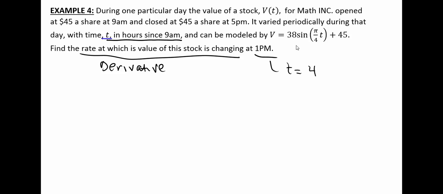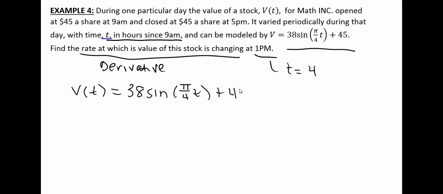Looking at our derivative here, we can see that we're going to need to use a chain rule because we don't just have a sine of t, we have a sine of pi over 4t. So here, let's just rewrite our function. V of t equals 38 sine pi over 4t plus 45. In terms of my composite function, my z is pi over 4 times t.